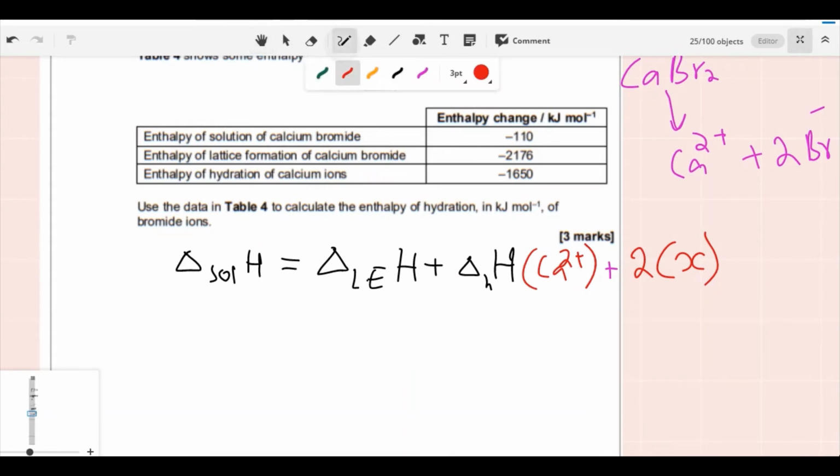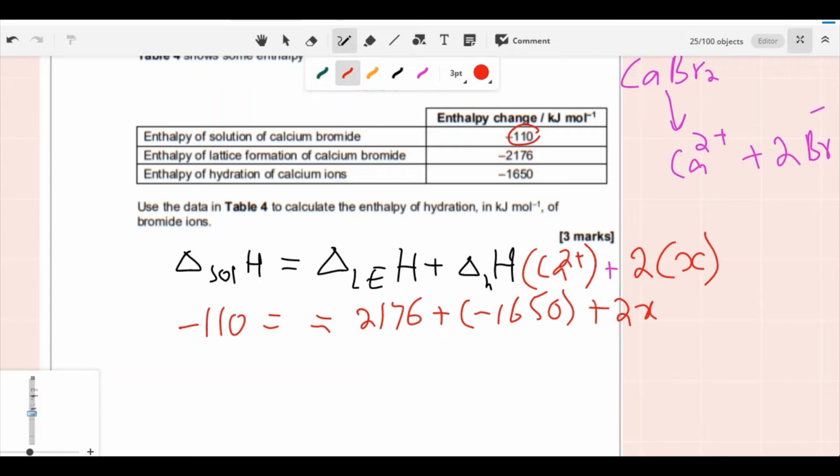First of all, the solution is minus 110, you can see here, equal to the lattice energy 2176, plus the hydration that is minus 1650, plus 2x. Okay, so let me calculate it.